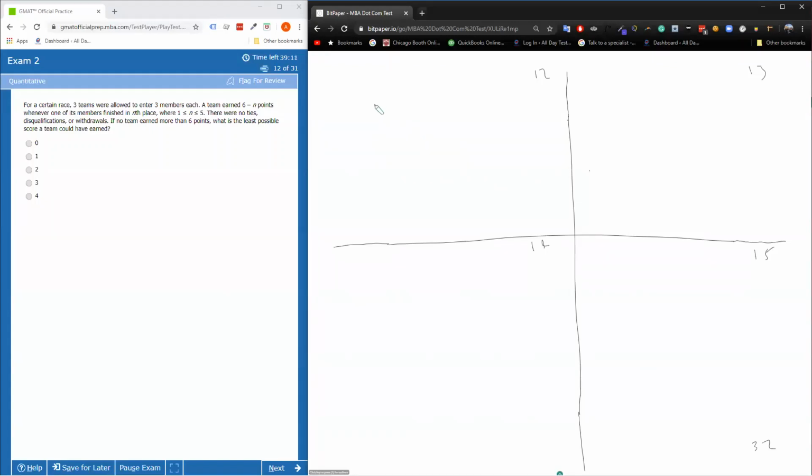So we got team 1, team 2, team 3. So we want to max. So if I want to say team 1 scored the least, well, that means we want to maximize what team 2 and 3 score.